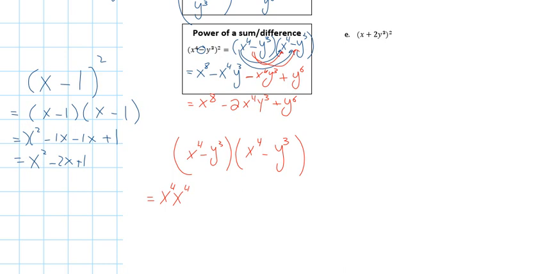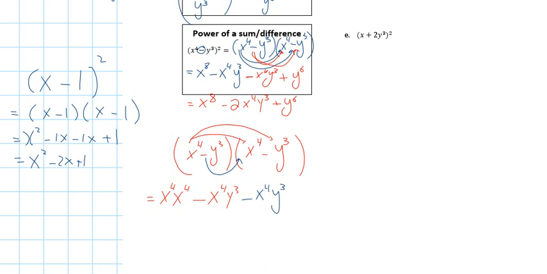Then I multiply the x to the 4 by the negative y cubed, so that's negative x to the 4 y cubed. Then I multiply the negative y cubed by the x to the 4. It doesn't matter which order you write it in because it's multiplication. Are we okay with that?